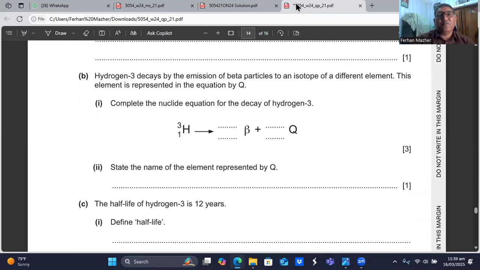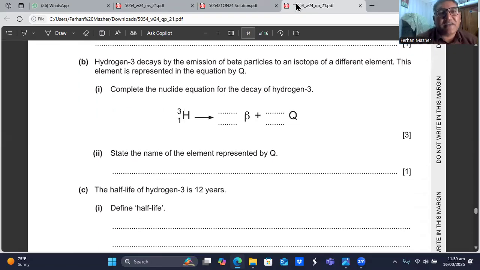Question number 8, it's the B part. Hydrogen-3 decays by the emission of beta particles to an isotope of a different element. This element is represented by the symbol Q. Complete the nuclide equation for the decay of hydrogen-3. You see, the beta particle's proton number is -1 and its mass number is 0.